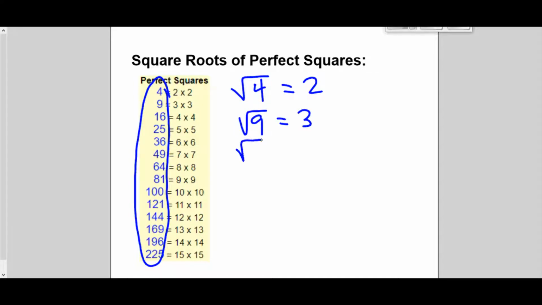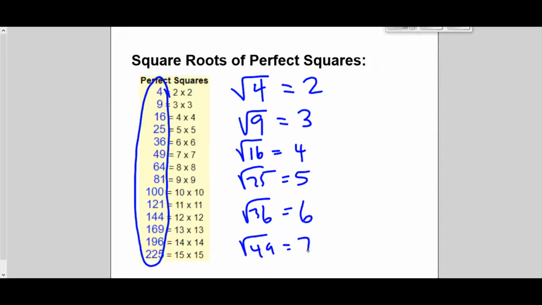The square root of 16 is 4, because when I multiply 4 by itself, I get 16. The square root of 25 is 5. The square root of 36 is 6. The square root of 49 is 7, and I'll just do a couple more. The square root of 64 is 8. The square root of 81 is 9, and the square root of 100 is 10.